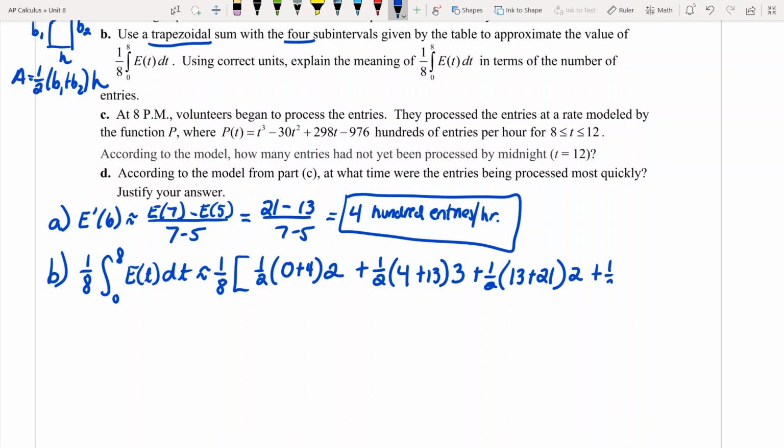And then finally we've got 1/2, and then my two sides are going to be 21 and 23. And then the height of it, or if you want to look at the width once again, is going to be 1. So there's going to be my 4 subunits using a trapezoidal sum. I'm just going to plug that into my calculator, and this ends up being approximately 10.688 hundred entries.